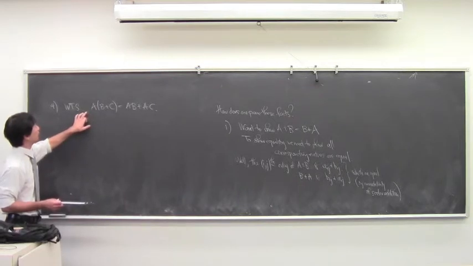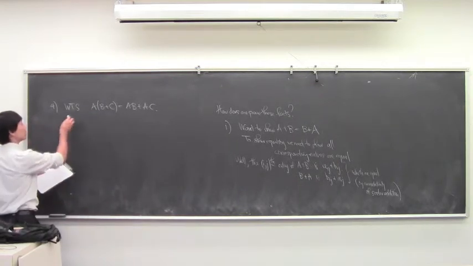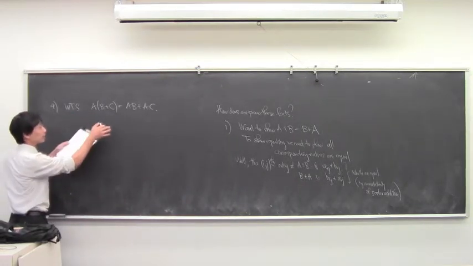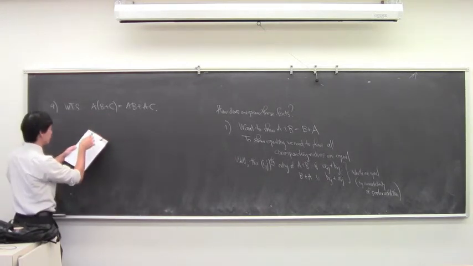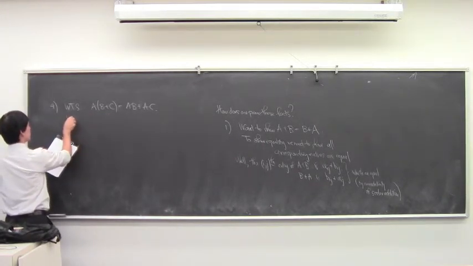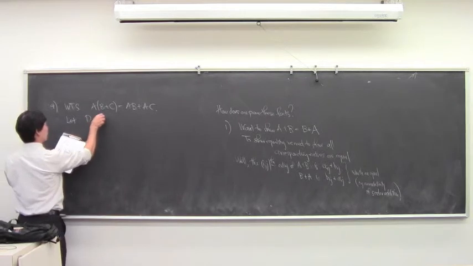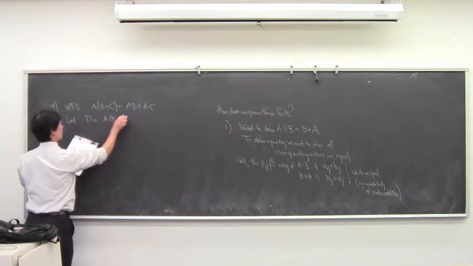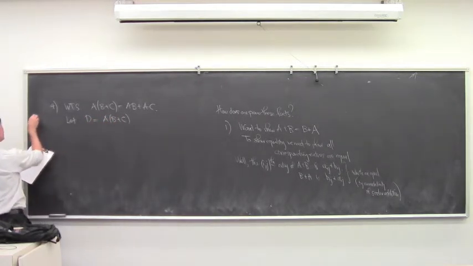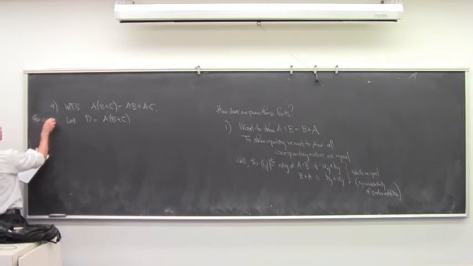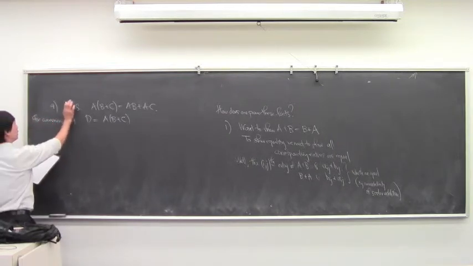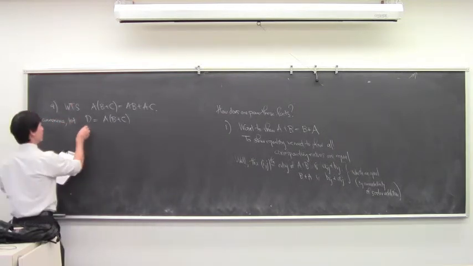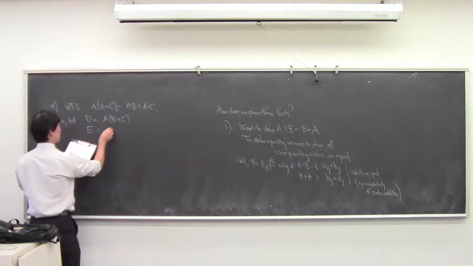Okay. So we want to show this. Of course that means that we have to show that the corresponding entries are equal. So let's introduce a notation, for convenience: let D denote the left side, and let E be this.